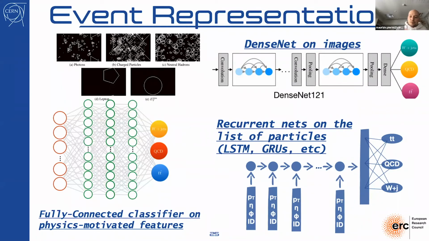So what we did is that we start from the lepton, we order the particles from the closest to the farthest away, and then we invert the sequence and process it with the recurrent net. We tried LSTMs, we tried GRUs, we tried plain RNNs. As I said, you will have an array of these recurrent units, and for each of these recurrent units we only look at the last number that comes out of the sequence.